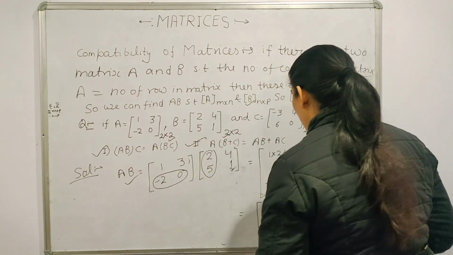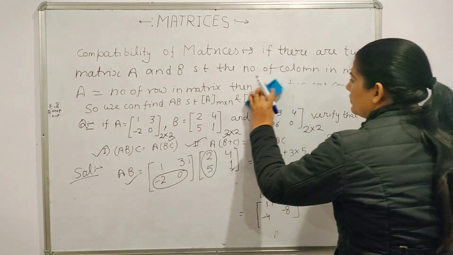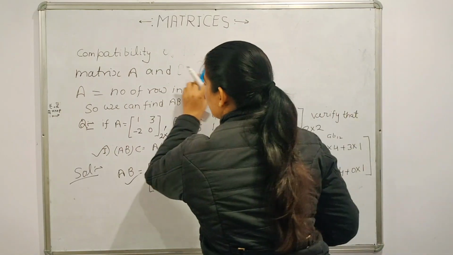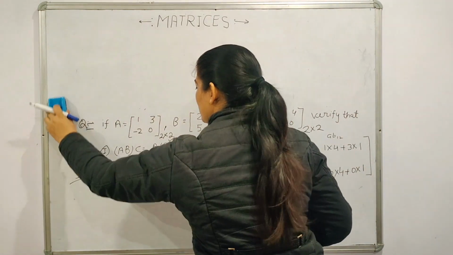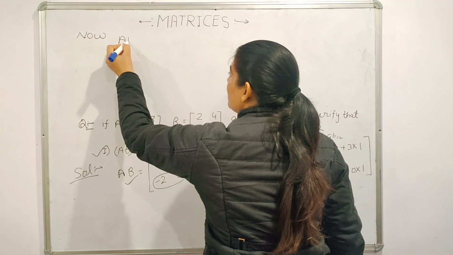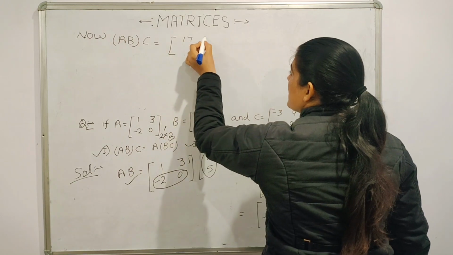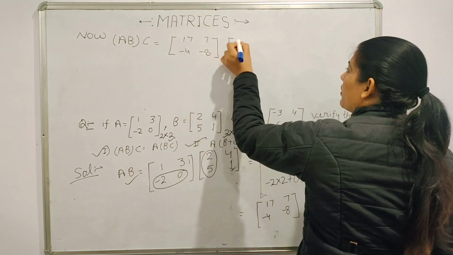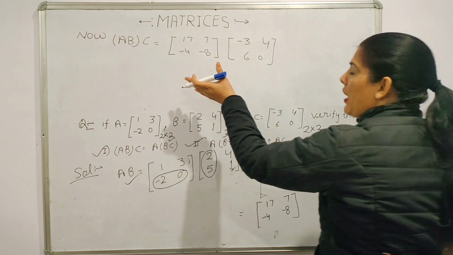So we have to now multiply this matrix with C. Now AB into C is equal to, what is the value of AB: 17, 7, minus 4, minus 8, multiplied by C, which is minus 3, 4, 6 and 0. So again you have to apply the same formula.